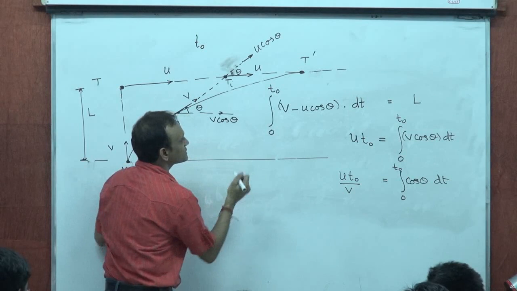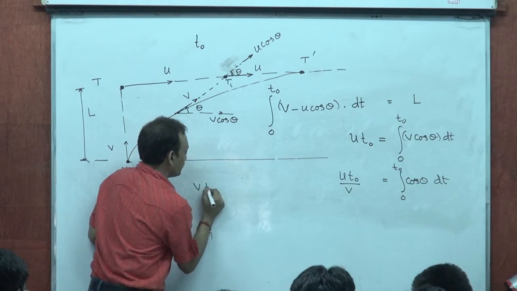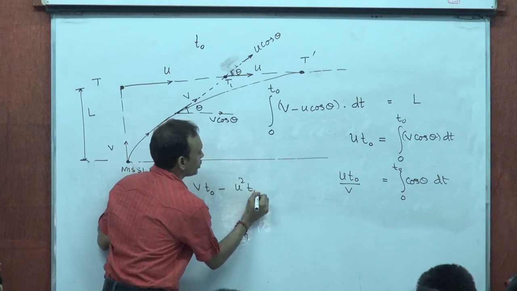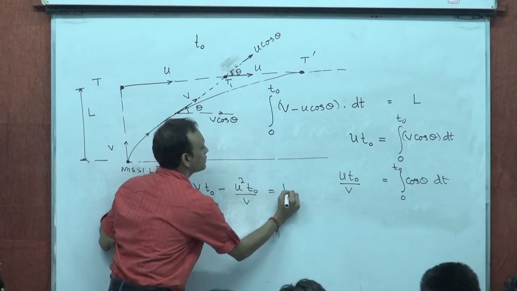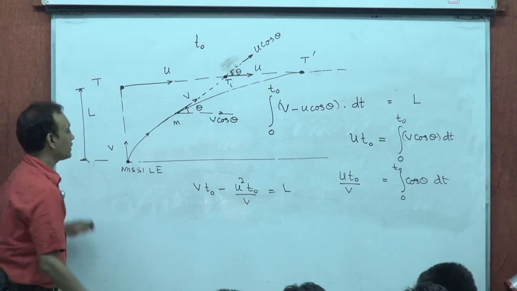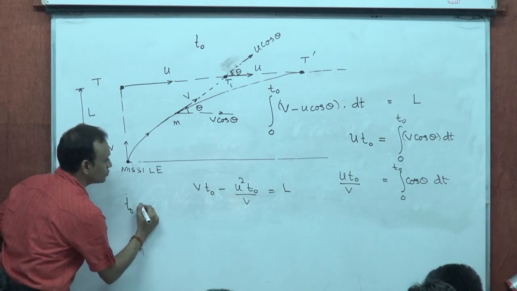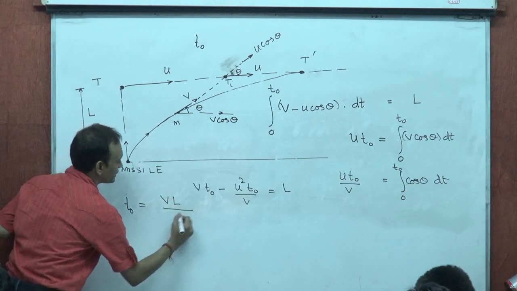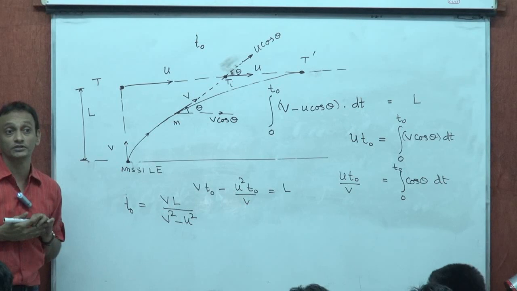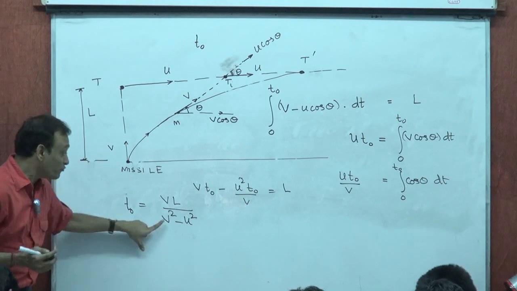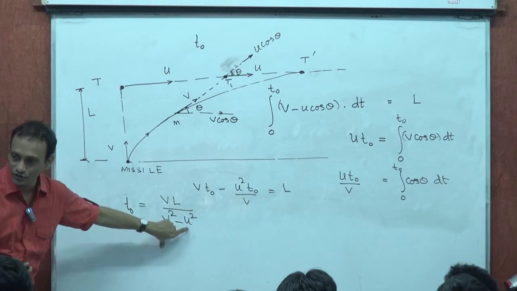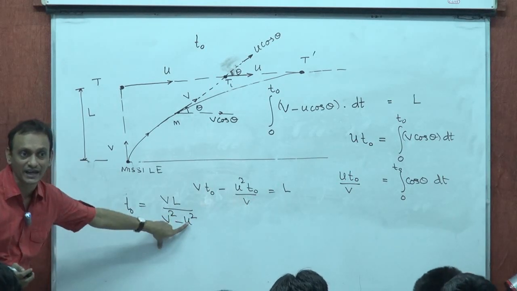When I integrate, I get v t naught minus u squared t naught by v equals L. And that gives me t naught equal to vL divided by v squared minus u squared. That's the time it takes for the missile to hit the target, and therefore it's important that v be greater than u, the speed of the missile has to be greater than the speed of the target.